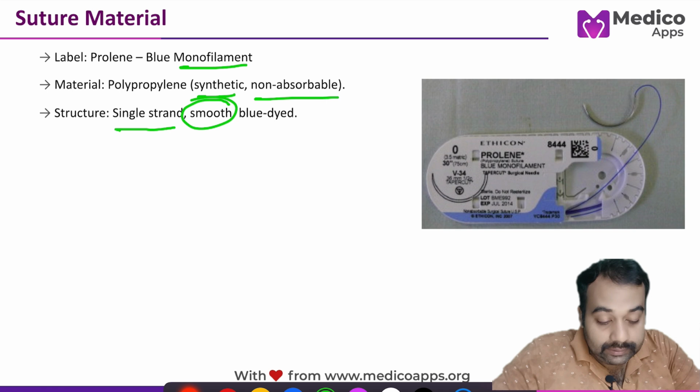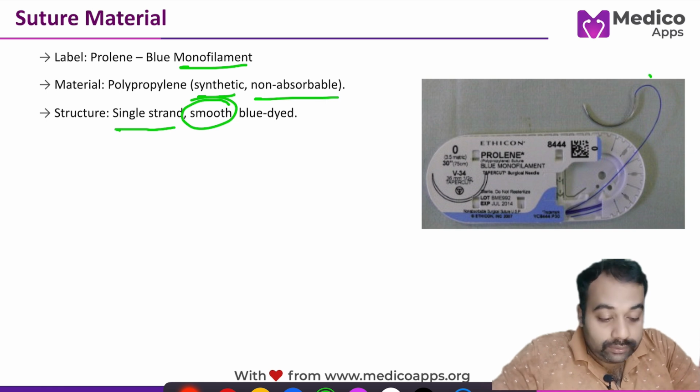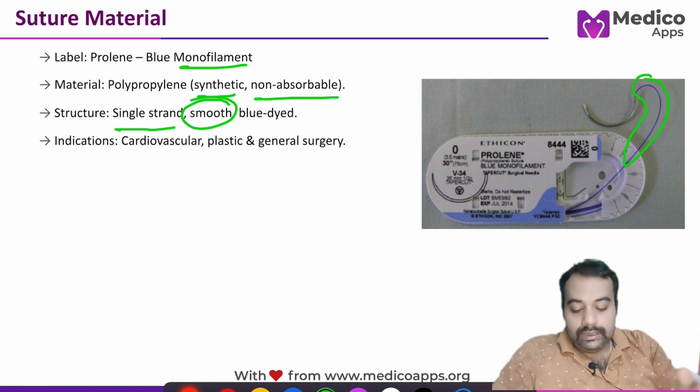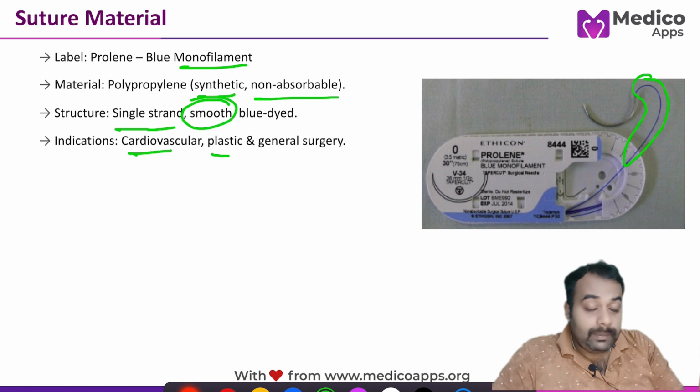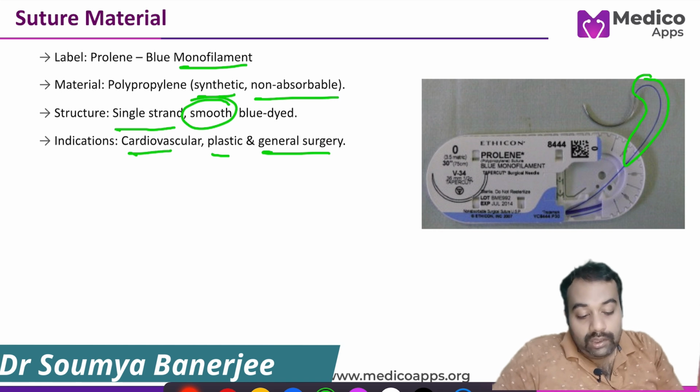This is the dyed one, dyed with a blue color, so that's why it is seen as blue. The typical indications are mostly cardiovascular cases, and even plastic surgical cases or a few general surgical cases, where we go for the Prolene.